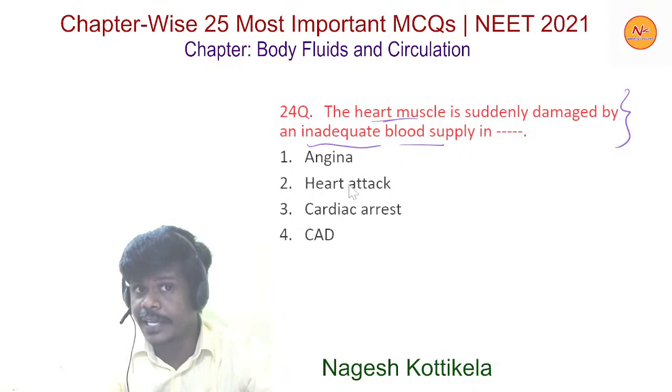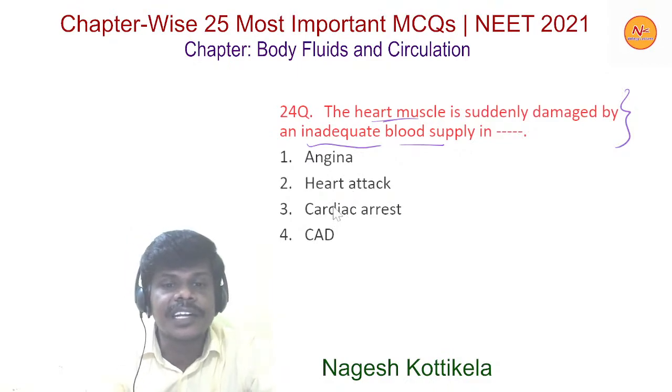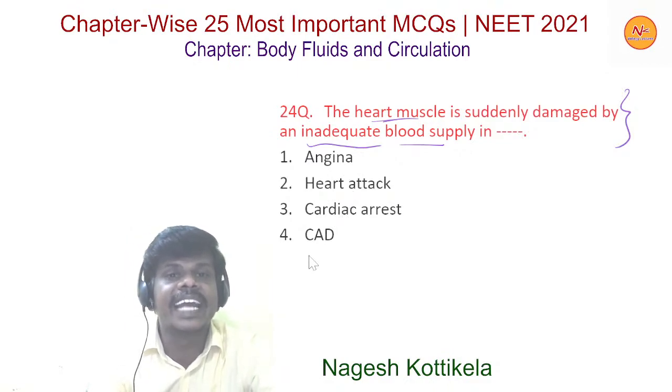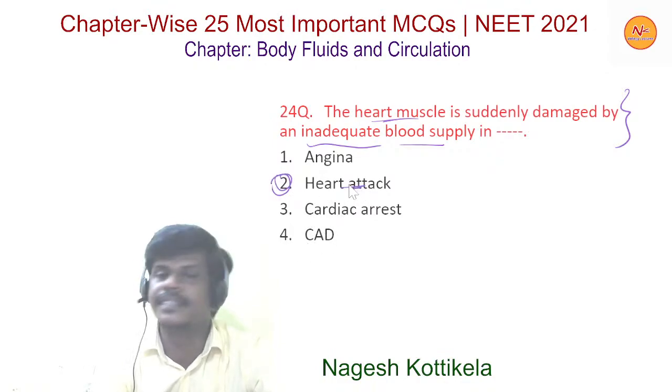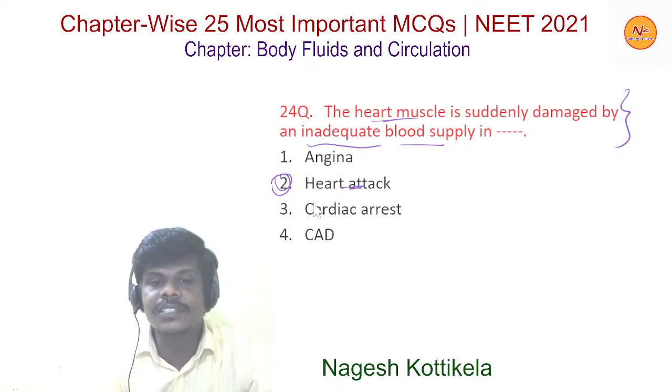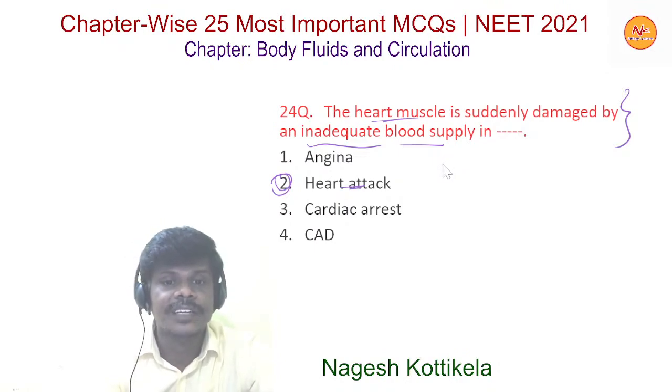Option 2, heart attack. Option 3, cardiac arrest. And option 4, CAD. So here option 2, heart attack is correct. Okay, so in case of heart attack, the heart muscle is suddenly damaged by an inadequate blood supply. So this is the right option.